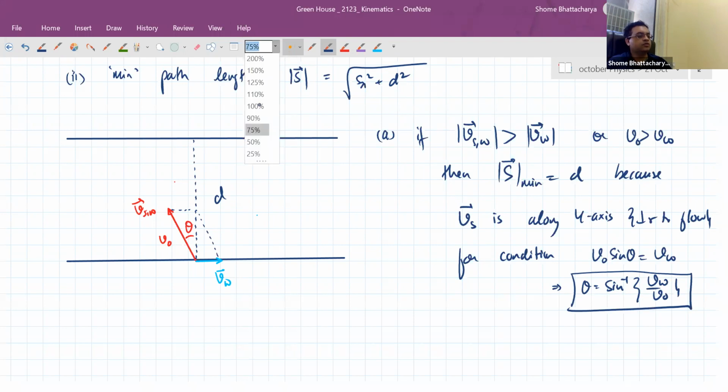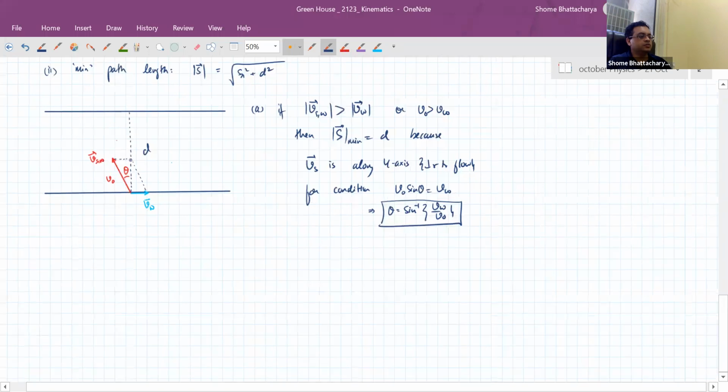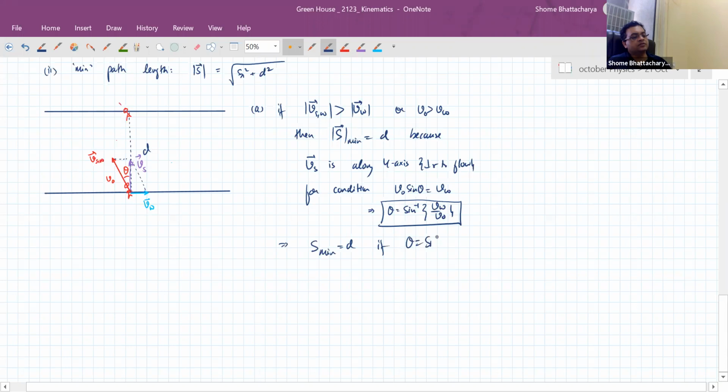In this case, basically what we want is that the net velocity should be along this line. If the net velocity is along this line, then he ends up reaching here. Even though his body is tilted like this, he ends up reaching here. So he crosses the river with minimum distance. Ultimately we get that the minimum displacement is d if theta is equal to sine inverse of this.